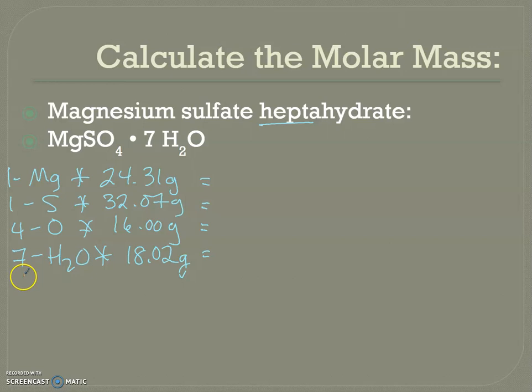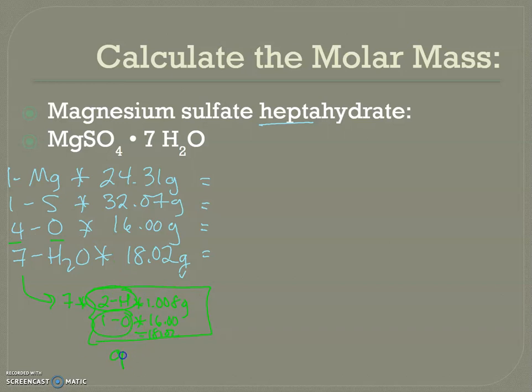You can figure out the mass of the waters instead. You would do 7 times, and then you have 2 hydrogens and 1 oxygen. Hydrogen is 1.008, oxygen is 16. So you would have to multiply that value, which is 18.02, by 7. Yes, you could make 14 of these and you could make 7 more of those, but don't forget you have oxygens here also.